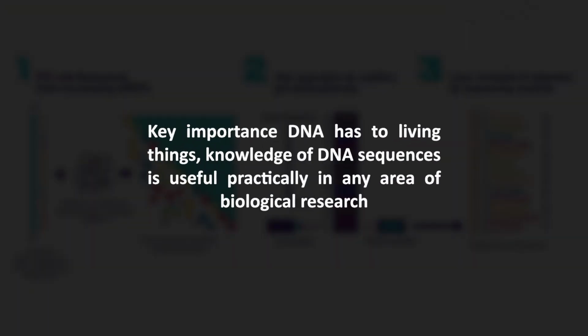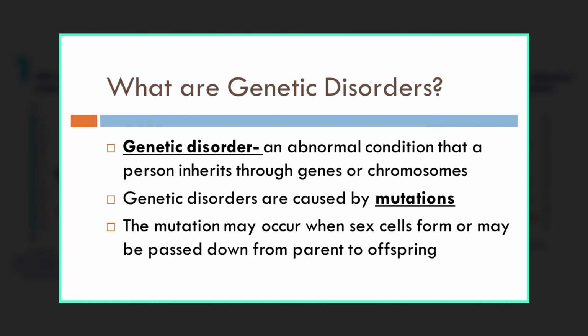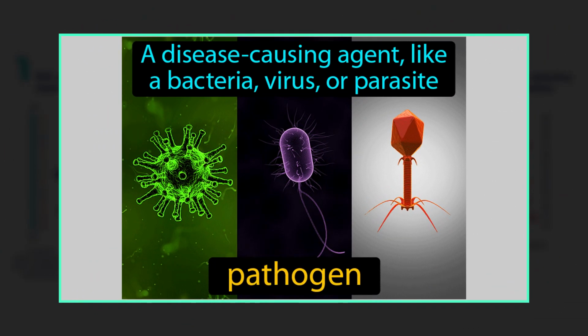Because of the key importance DNA has to living things, knowledge of DNA sequences is useful practically in any area of biological research. For example, in medicine, it can be used to identify, diagnose, and potentially develop treatments for genetic diseases. Similarly, research into pathogens may lead to treatments for contagious diseases.